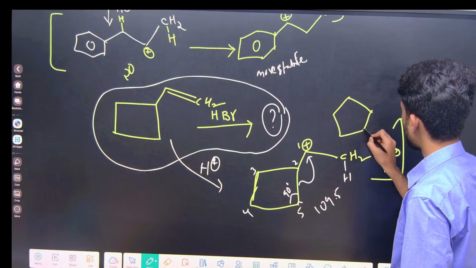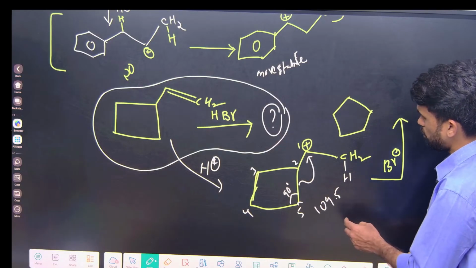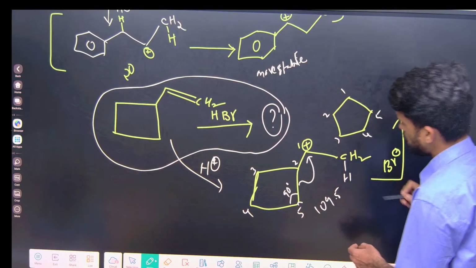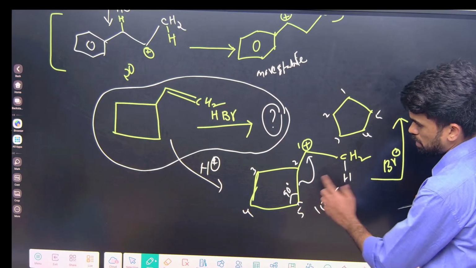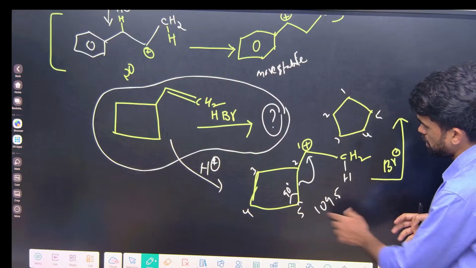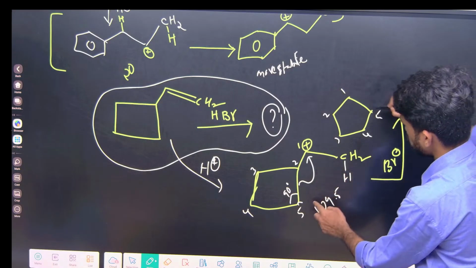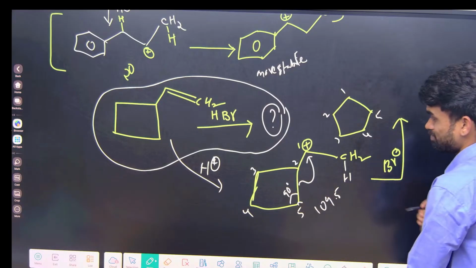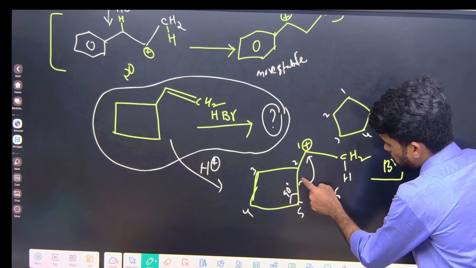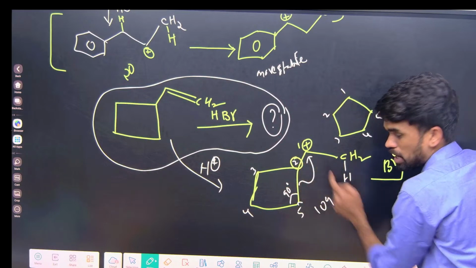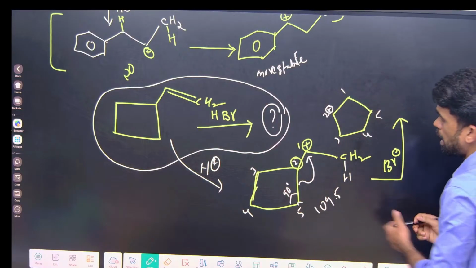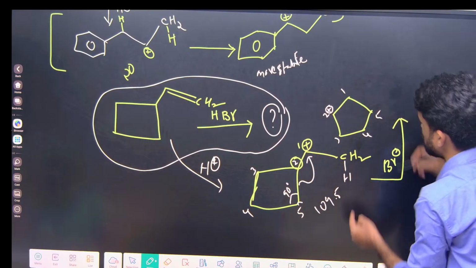So between which carbons is it forming a 5-membered ring? Between 5 and 1. So which carbon should get a positive charge now? Tell me. 1. See, this bond is disconnected by the second carbon now, so the second carbon should get a positive charge. That's it. And on the first carbon we have an extra chain, methyl.